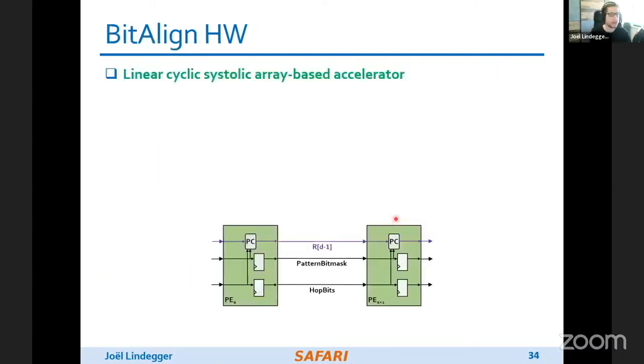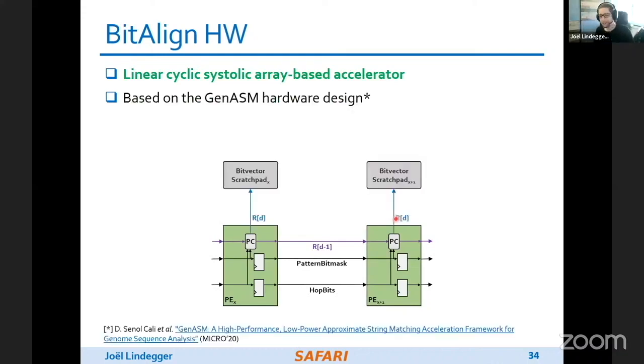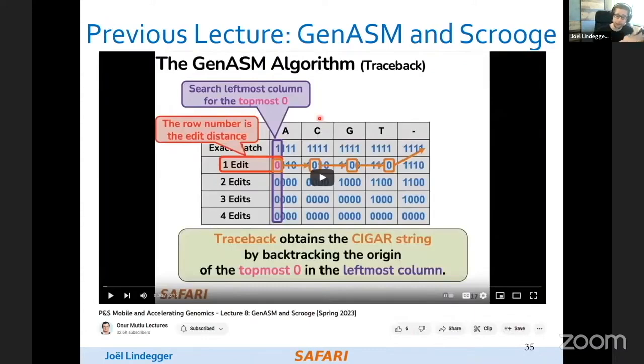Okay, so the BitAlign hardware is based on a linear cyclic systolic array-based accelerator. So again, I keep referring back to GenASM here, but these works are really tightly combined, I guess. So this is essentially the hardware design from the GenASM work. And again, I refer back to the previous lecture.